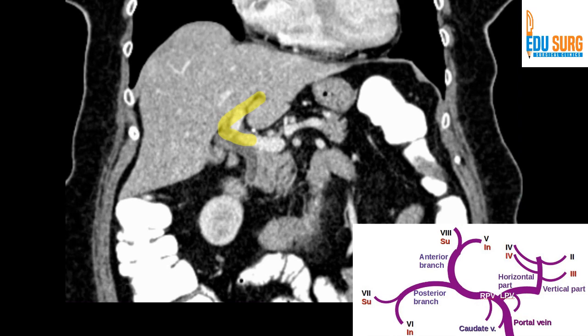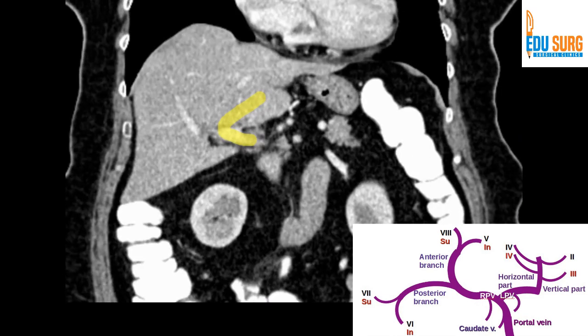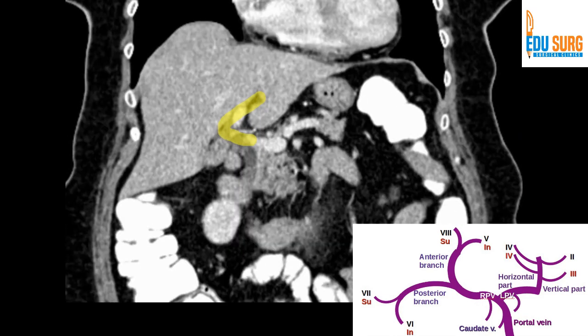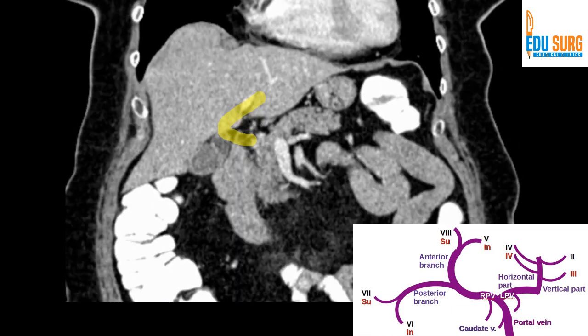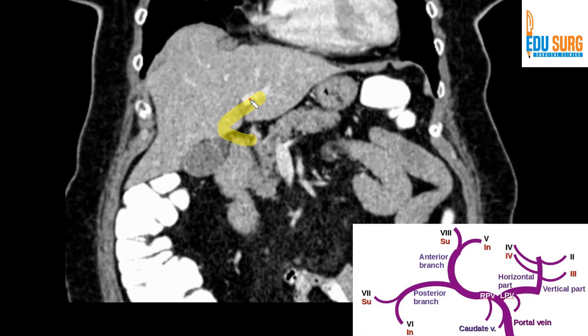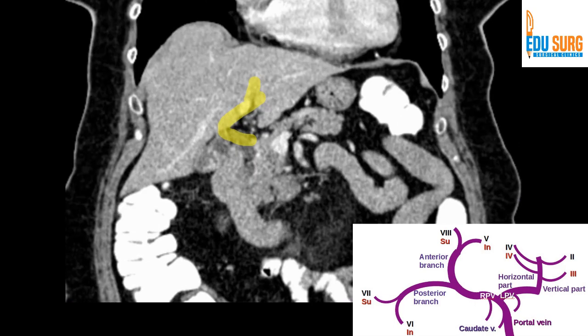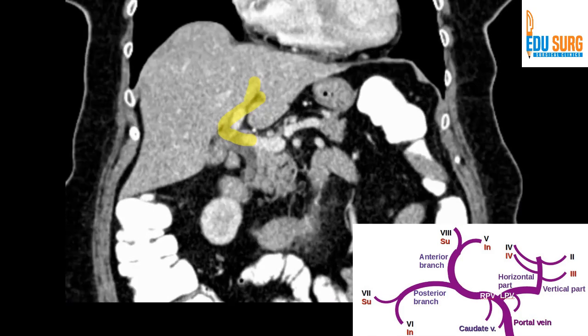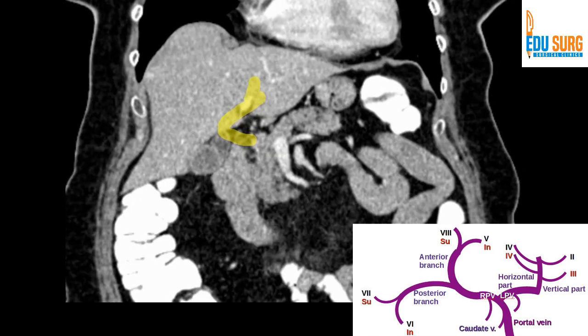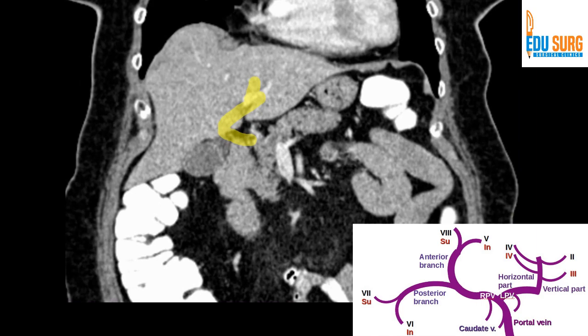Again, I'll mark. This is the course of left branch of the portal vein in this patient, right? And then it is like this. So this is the umbilical fissure, how the vein travels there, right? So left branch of portal vein.